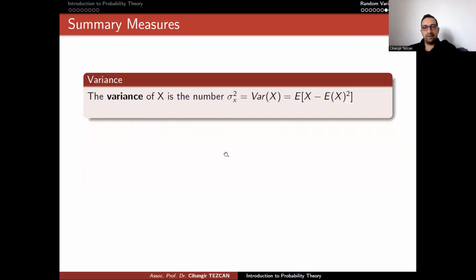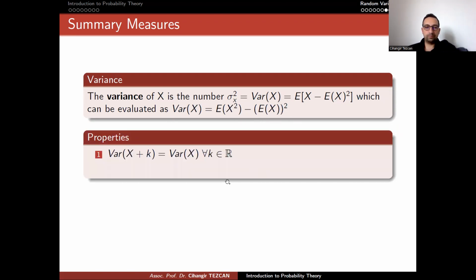The variance is defined with respect to the expected value. So Var(X) is the expected value of (X minus E[X]) squared, which can be evaluated like this. And there are some properties.